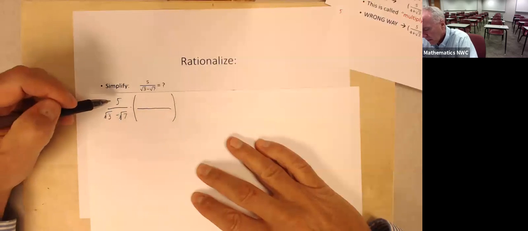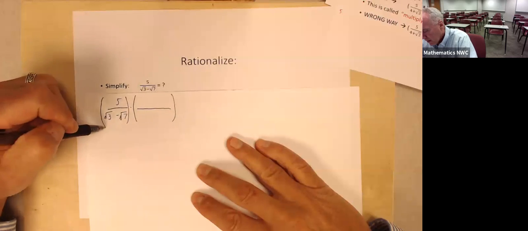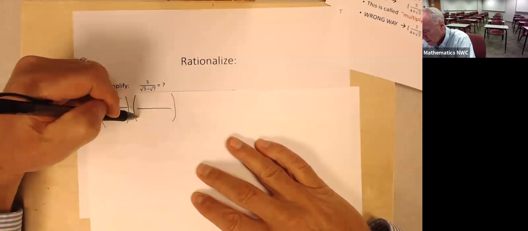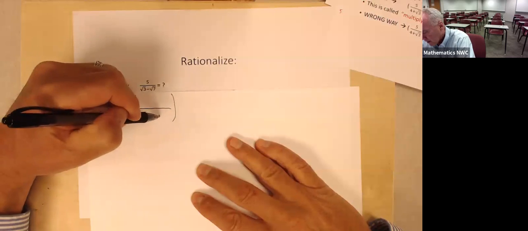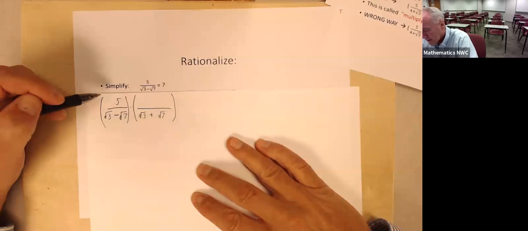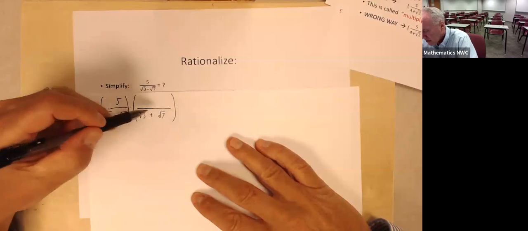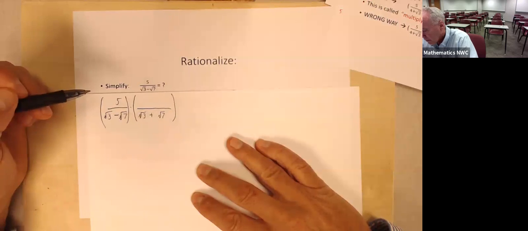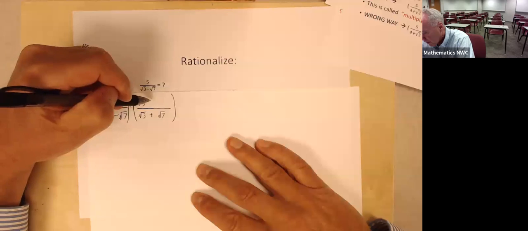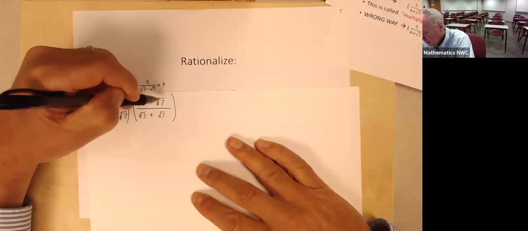The conjugate, you remember, is I switch only this middle sign. Leave everything else the same. In other words, I leave these two the same, but I switch this negative to a positive. That's a conjugate of that. That's why we say multiply by the conjugate. If that's in the denominator, I need to put it in the numerator so that the entire fraction is still 1.